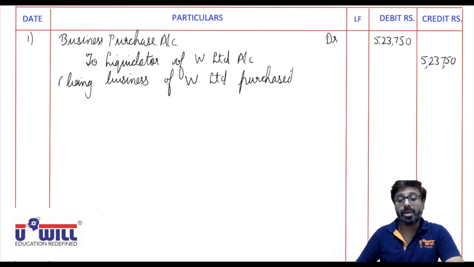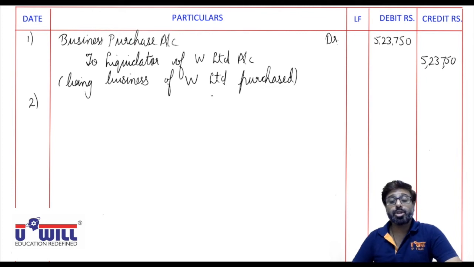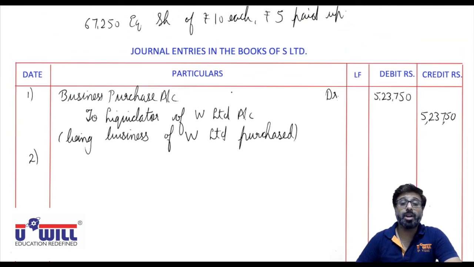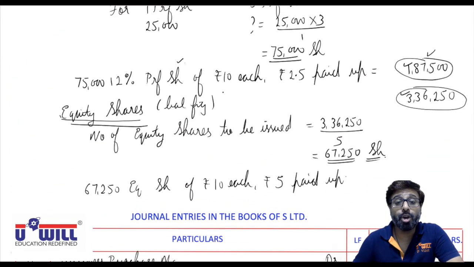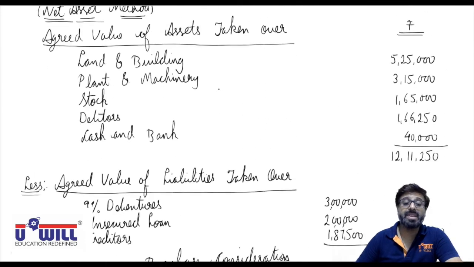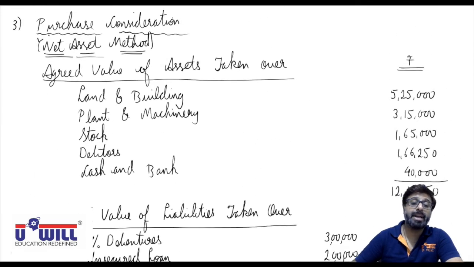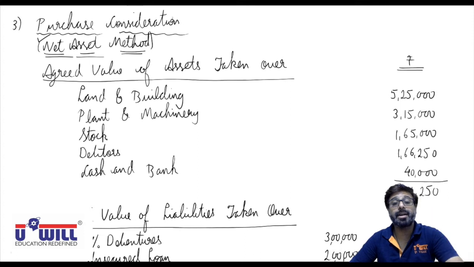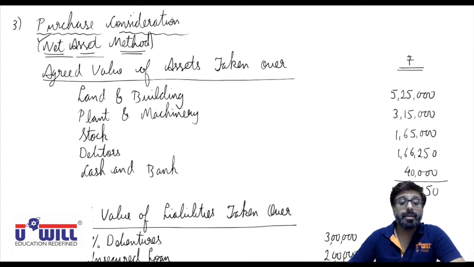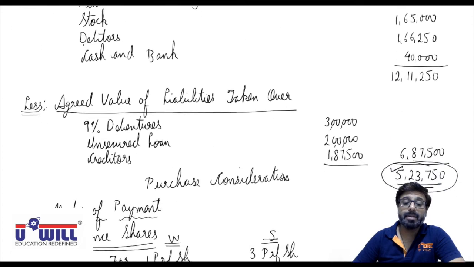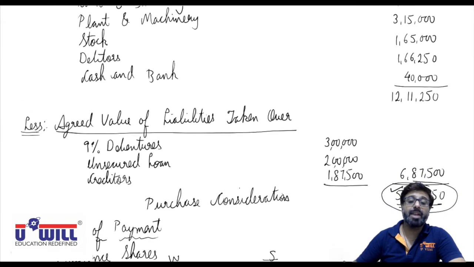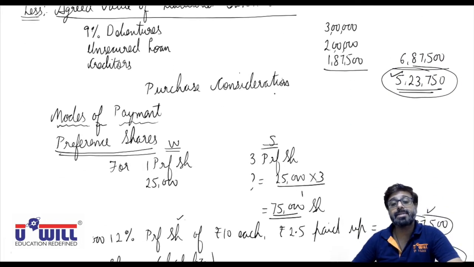Now second entry, taking over of assets and liabilities. Do we have to make the workings to find goodwill or capital reserve? No, because we have obtained purchase consideration by net asset method. This we have done earlier also. If purchase consideration itself is obtained by net asset method, then what are net assets? Agreed value of assets minus agreed value of liabilities.